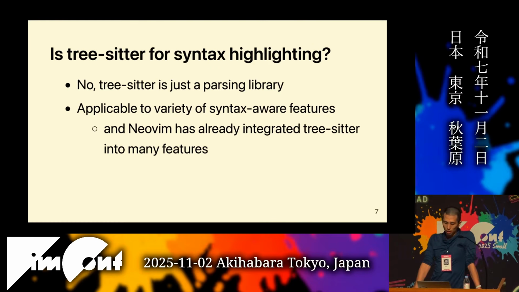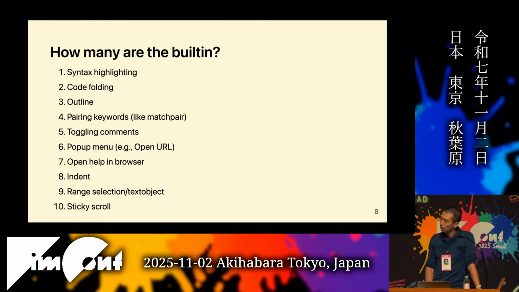But wait a minute. Is Treesitter for syntax highlighting? Is that it? No. Treesitter is just a parser library, as I said, so it's applicable to a variety of syntax-aware features. And Neovim has already integrated Treesitter into many features. I listed 10 features, and how many do you think are built in?